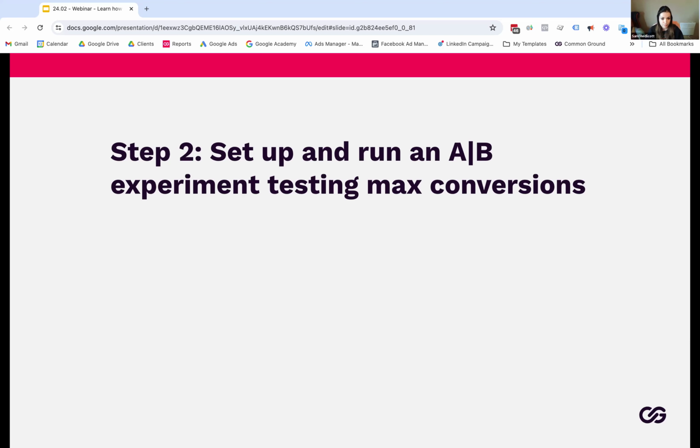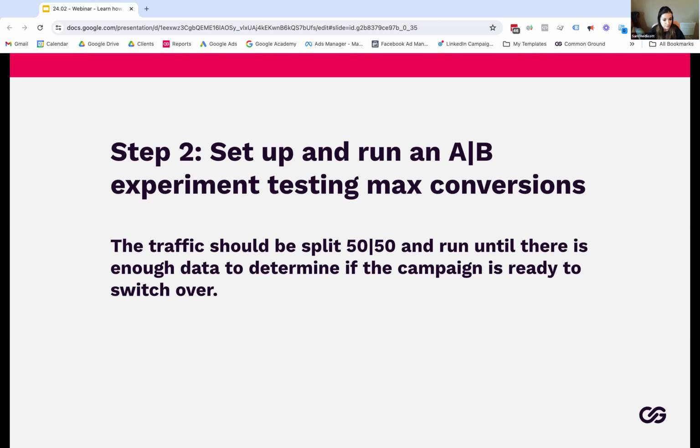With this, the traffic should be split 50-50 and run until there is enough data that you're confident enough to determine if the campaign is ready to switch over. You don't want it to run for a day and you get maybe one conversion and you're like, yes, definitely switch over. You want to make sure you've got enough data that you're confident that the thing we are testing, the bidding strategy, has made enough of a difference that you can switch it all over and send 100% of the traffic there.